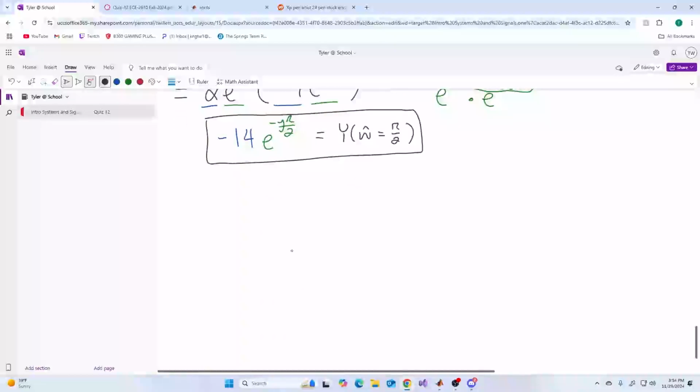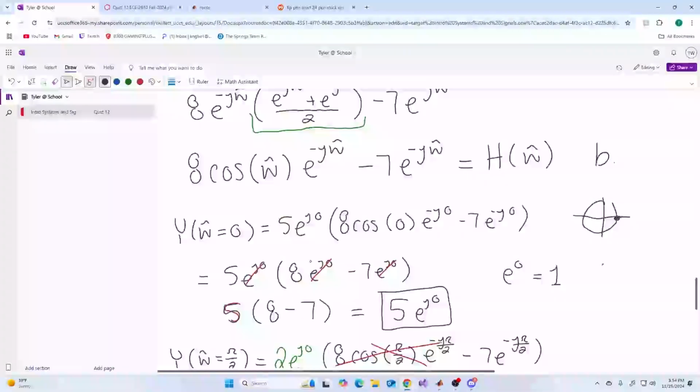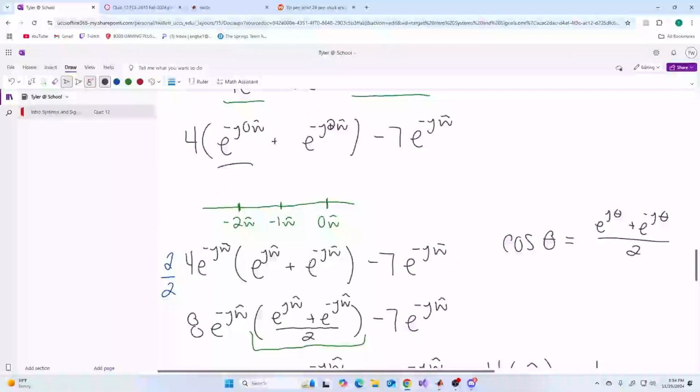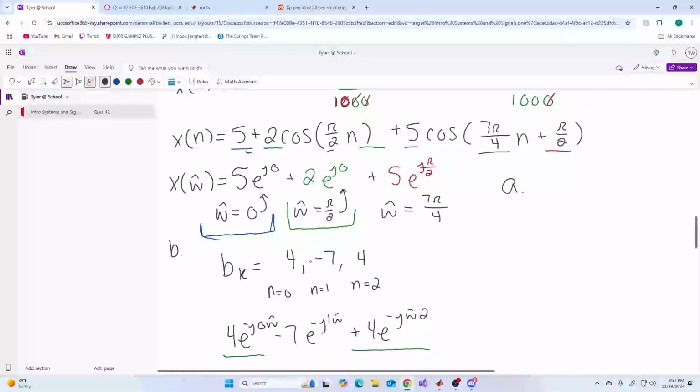We have y at w hat equals, I believe it was 7 pi divided by 4. Let's go back up top and see what we had. Okay, I'm going to box this off in red. This is what we had at 7 pi divided by 4.